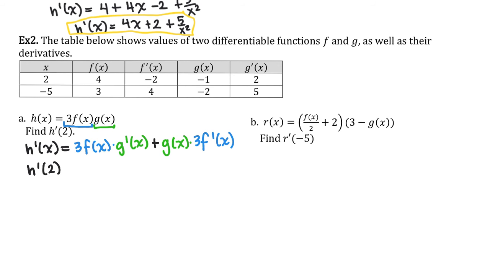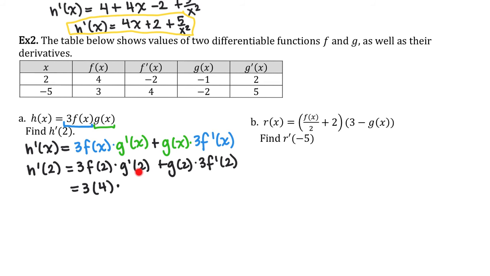So I'm going to go ahead and get the values from the table. I'll rewrite it. So this is 3 times f of 2 times g prime of 2, plus g of 2 times 3 times f prime of 2. Where's the table? F of 2 is 4. So 3 times 4 times g prime of 2.